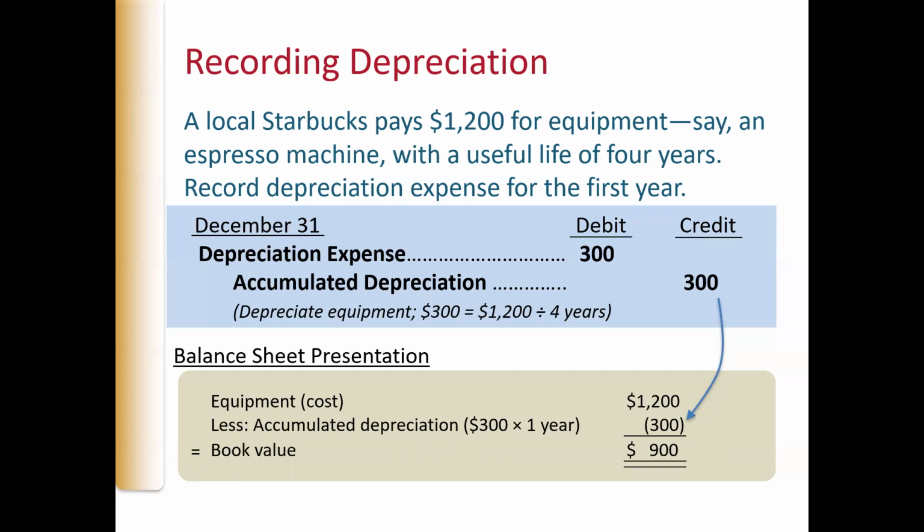If you think about it, after year 2, that would then be $600 because we would have taken $600 in depreciation. Basically, we take the years it's good for and divide it into the total amount.